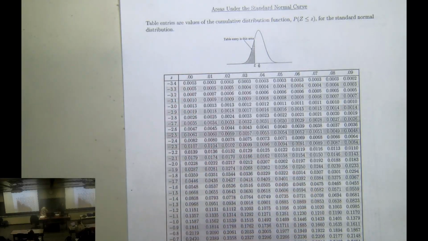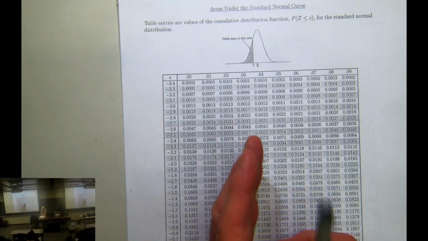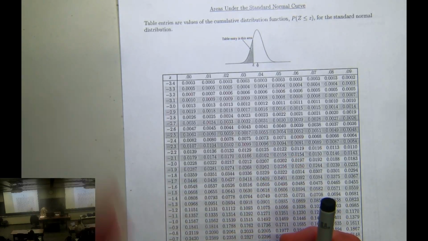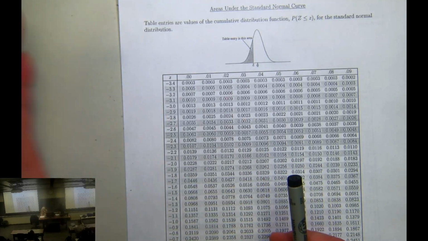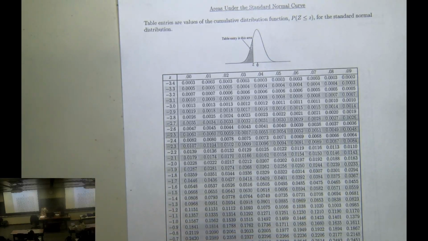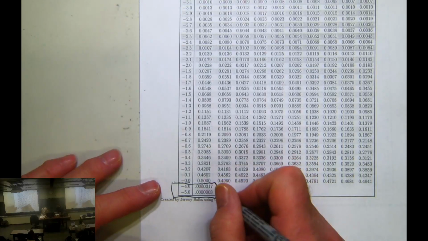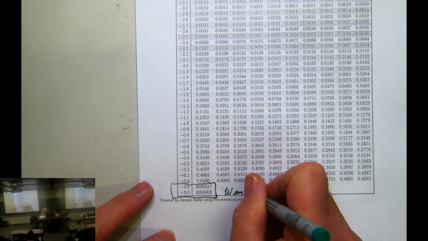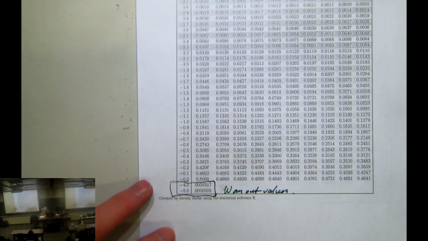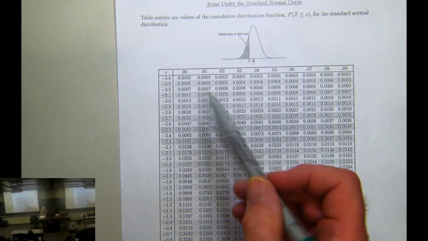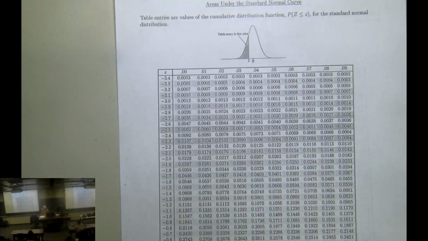These two values here are kind of oddballs. These are way out values. We'll get to those way out values. So this is to one decimal place, and then you go across for a second decimal place.